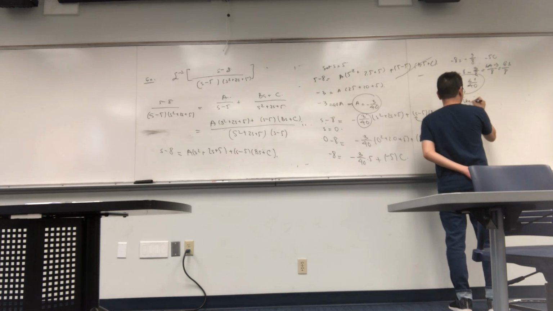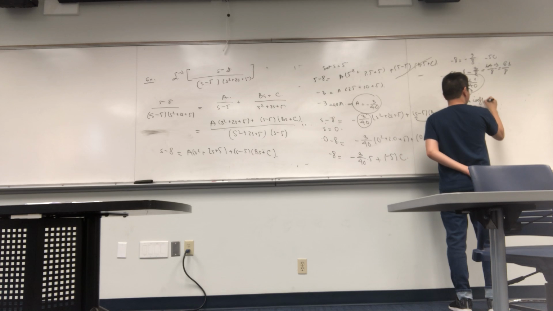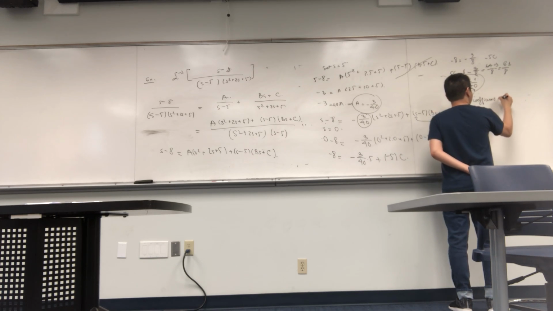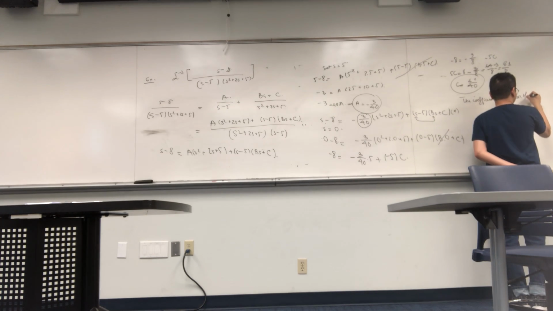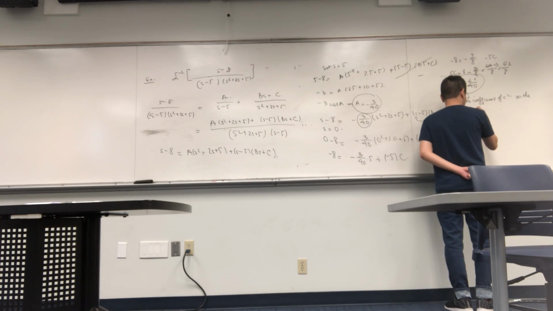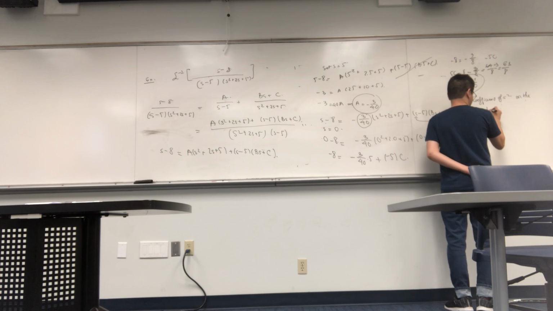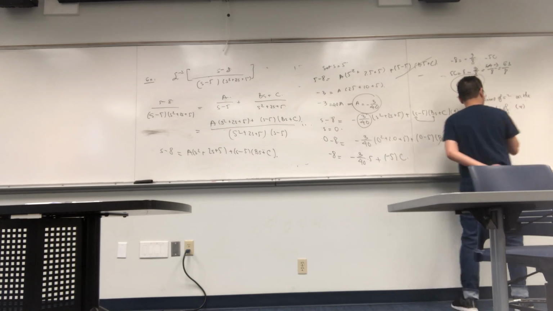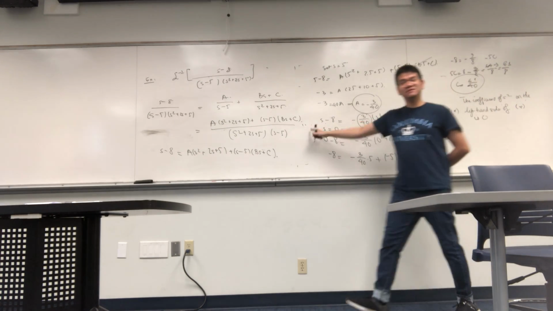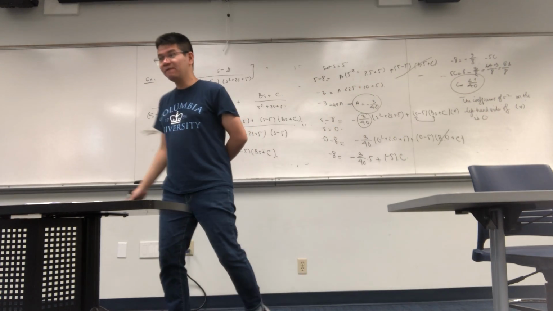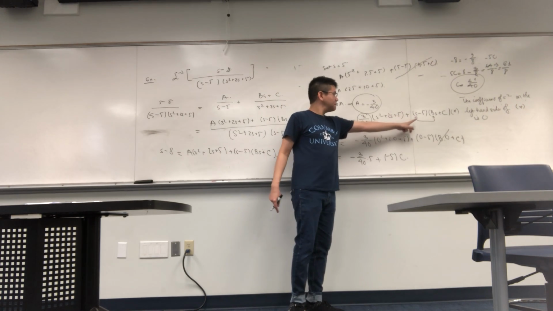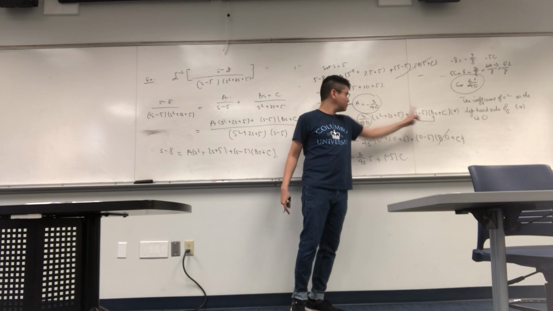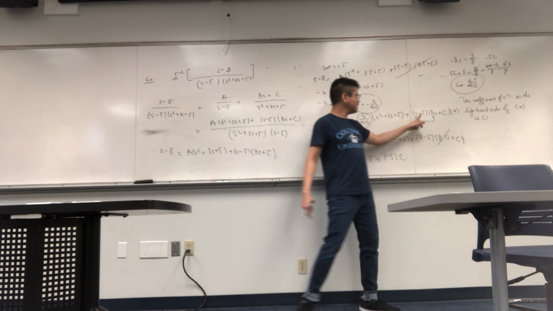The coefficient of s squared on the left hand side of the star equation is 0. On the right hand side, you have minus 3 over 40 plus B, because here you have minus 3 over 40 s squared, and here you have B s squared.